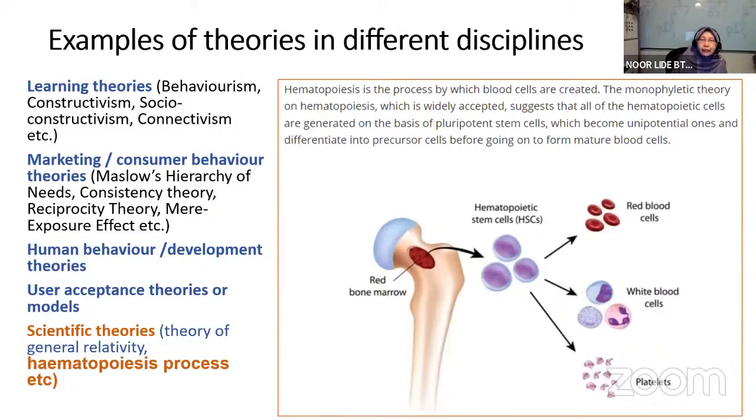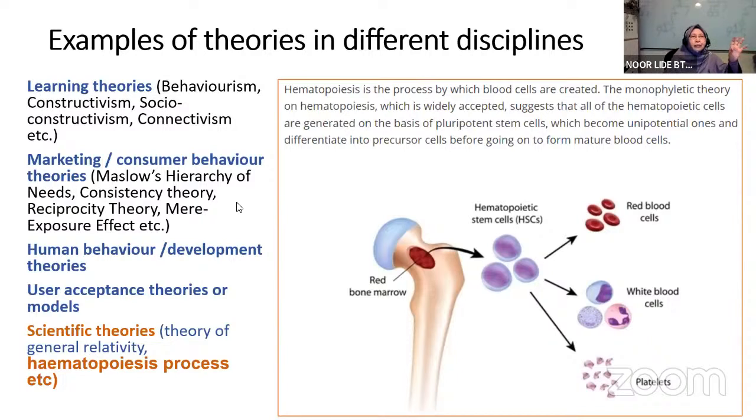Say, for example, how stem cells differentiate into other types of cells. So these are all theories. So I think number one, we have to get them to understand the philosophy part of it, and then also the theories, because all these theories are related to the philosophy that we talk about.